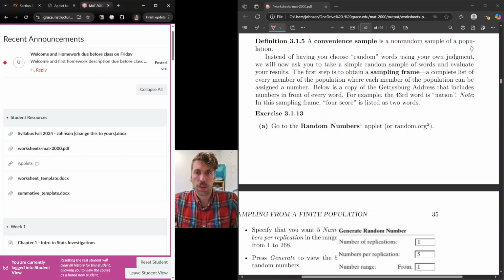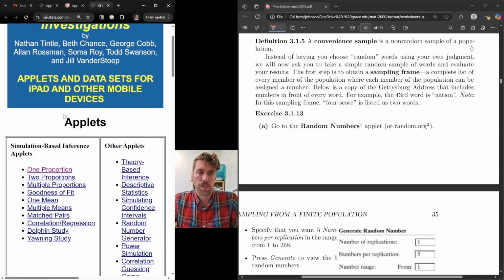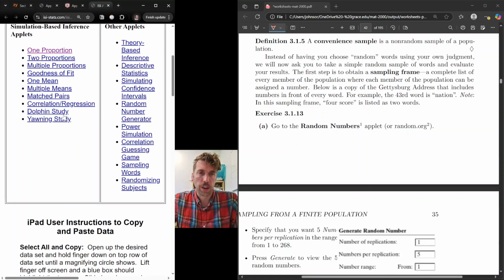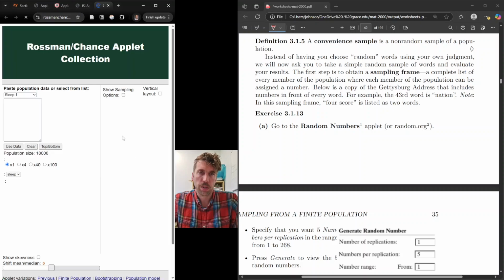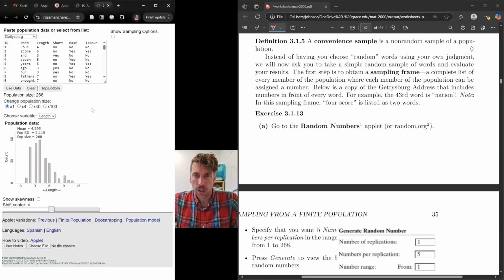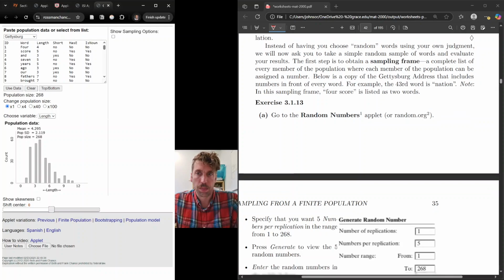You can follow the link there, or you can go to here and let's see, where's that random number? Randomizing subjects, sampling words. Okay, sampling words is what it's called on that applet page.